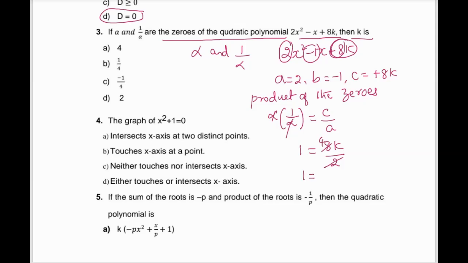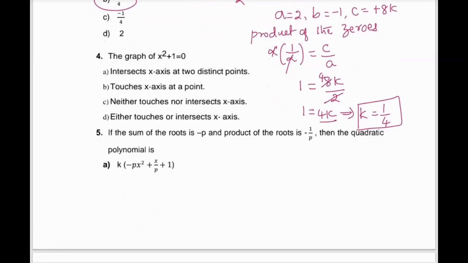So 1 equals 4k. That means the multiplication term, when it goes to the other side, becomes division. So k will be 1 by 4. So the k value is 1 by 4, option B.